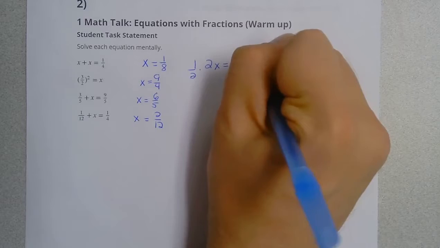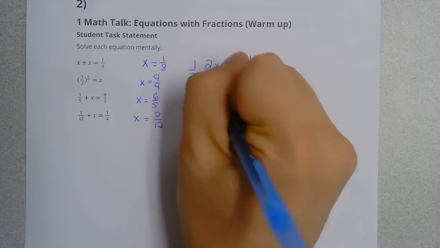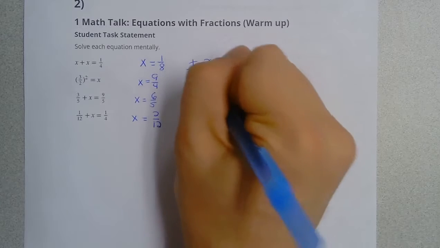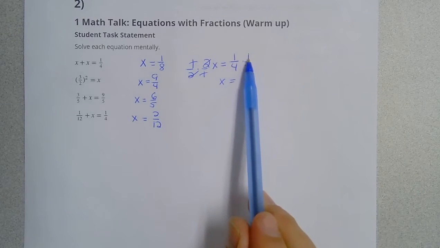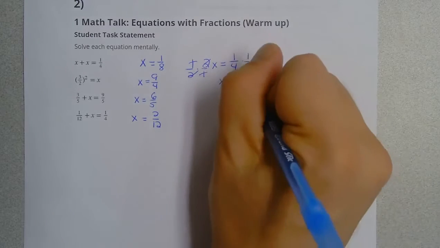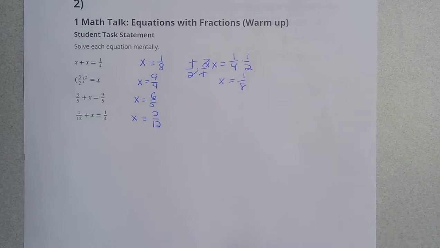So I multiply both sides of the equation by half, and I can put a denominator of 1 there to cancel. I get x is equal to, multiplying fractions, 1 times 1 in the numerator is 1, and 4 times 2 in the denominator is 8. So for our first equation, x is equal to 1/8.